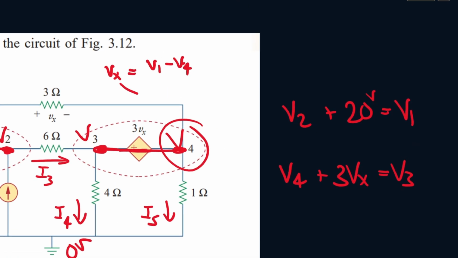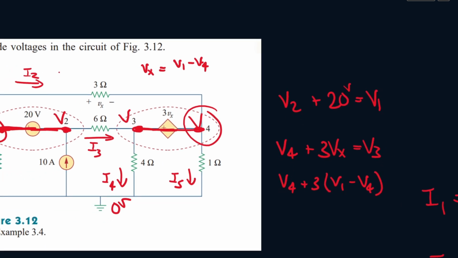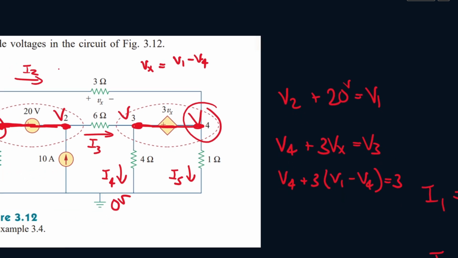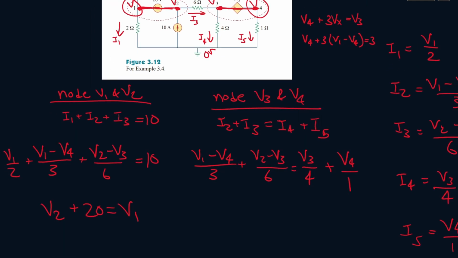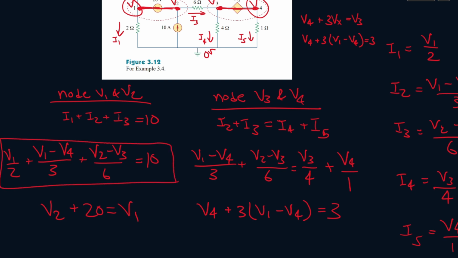Then we plug that in here, and we get V4 plus 3 times V1 minus V4 equals V3. Now we have all these equations set up.